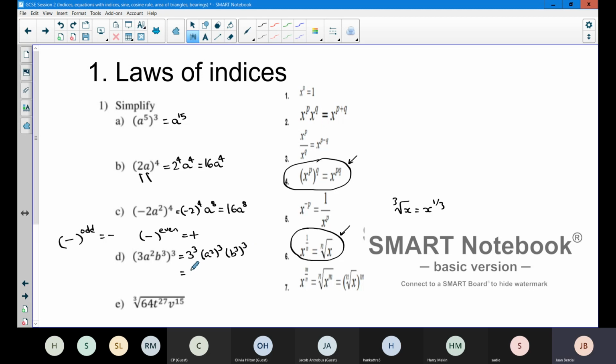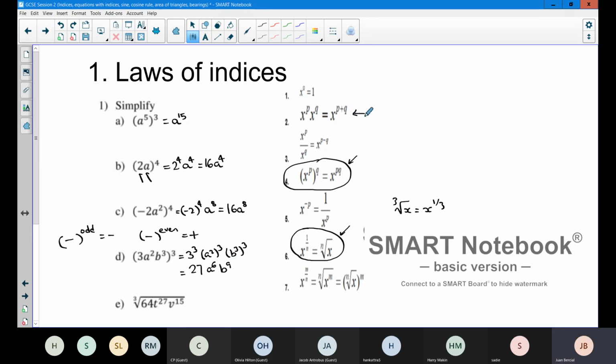So 3 to the power 3: 3 times 3, 9 times 3, 27. A to the power 2 to the power 3. So remember, with a power of a power, we multiply them. So it's a to the power 6, and then b cubed to the power 3 is b to the power 3 times 3, 9.